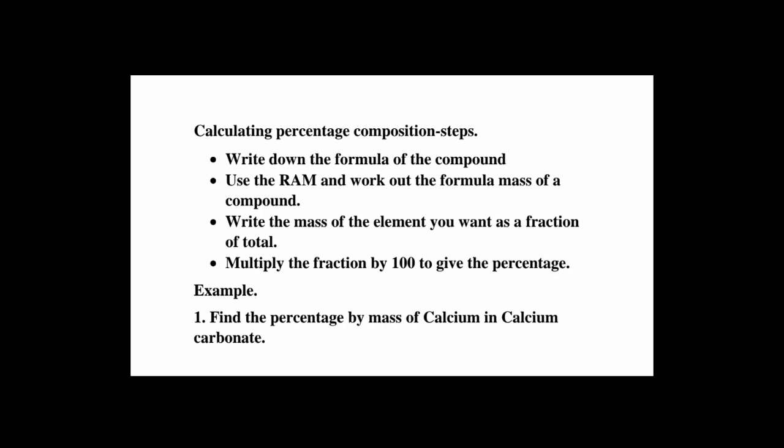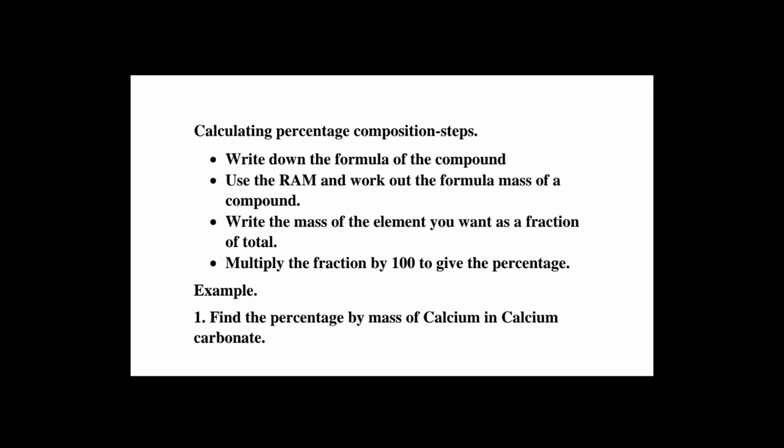There are steps you are supposed to understand when we are calculating the percentage composition by mass of atoms in the given compound. Now, the first step is that you should be able to write down the formula of the compound if at all the formula is not given to you.